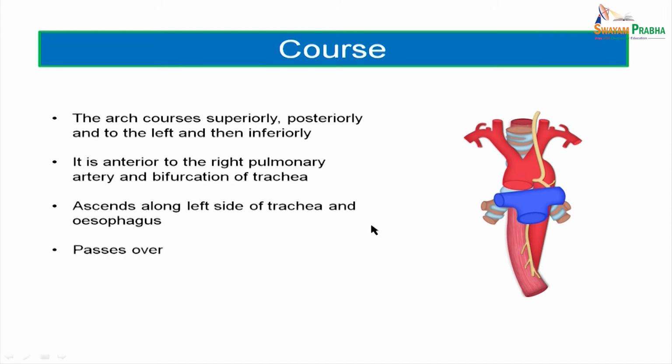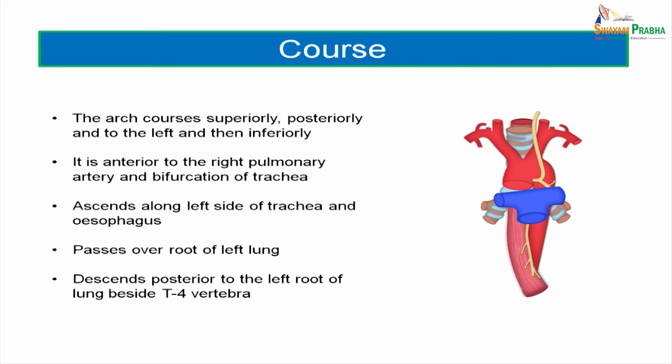And over this region, as the arch proceeds backwards, it is resting over the root of the left lung, and then it proceeds onto the posterior aspect and descends inferiorly as a continuation of the descending thoracic aorta. And this ends at the T4 vertebra.